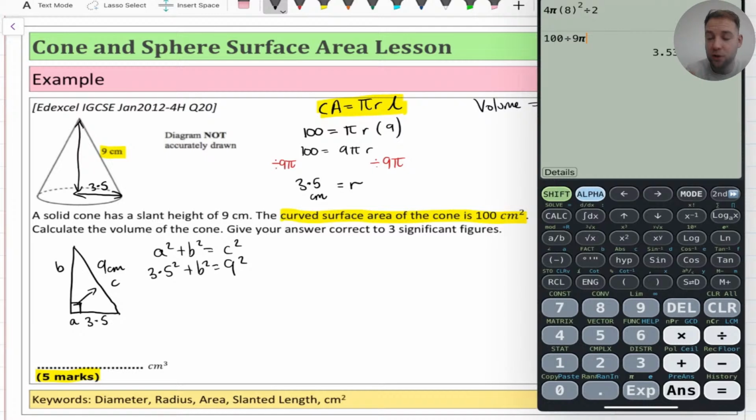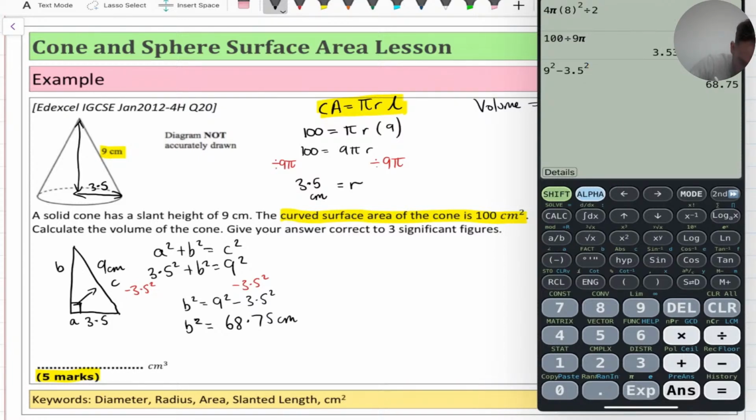Because I'm finding the shorter side, I need to take away 3.5 squared from both sides. So B squared is equal to 9 squared minus 3.5 squared. Let's work that out. B squared is equal to 68.75.